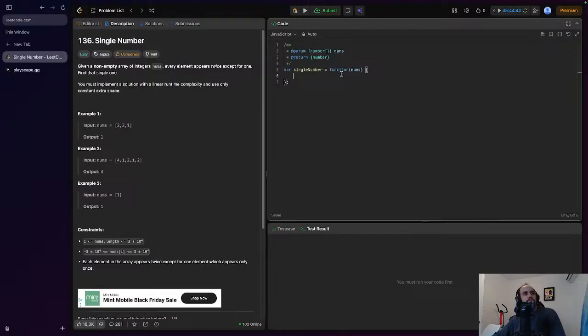Okay. Linear and constant space. Use XOR.